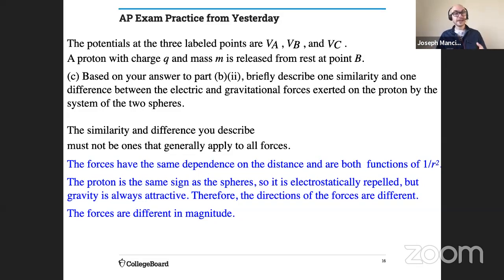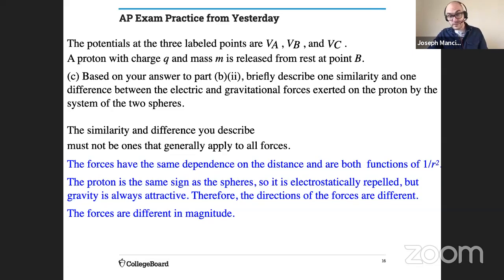Well, electrostatics is like gravity in that they are both inverse square laws. That was one argument that you could make. Or you could make the argument that both depend on one property times the same property in two different objects. You could also, as a difference, bring up the fact that gravity is only ever attractive, whereas electrostatics can be both attractive and repulsive.